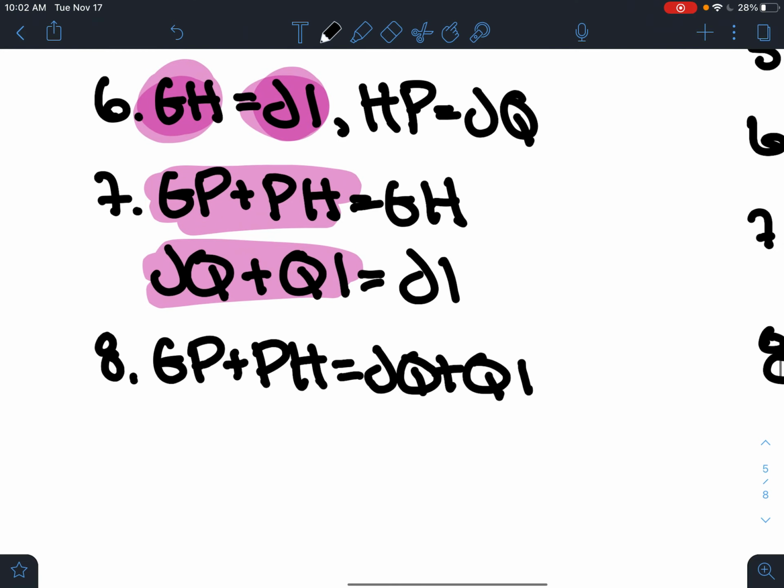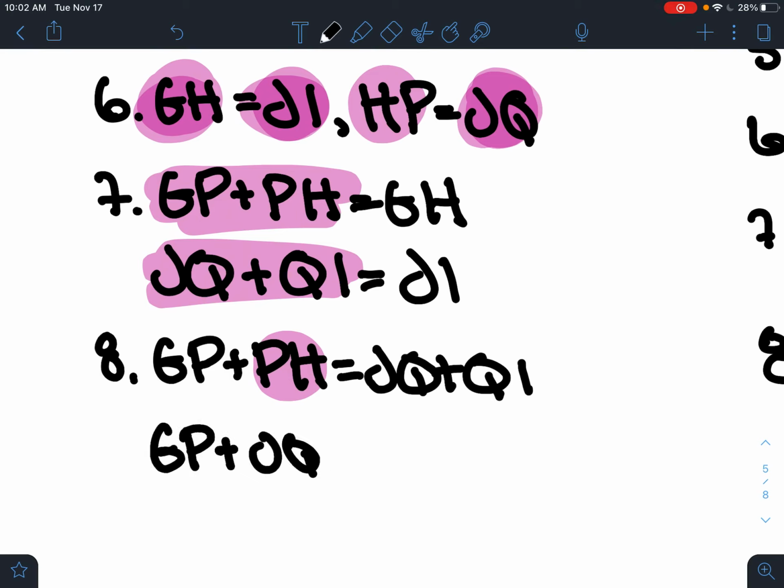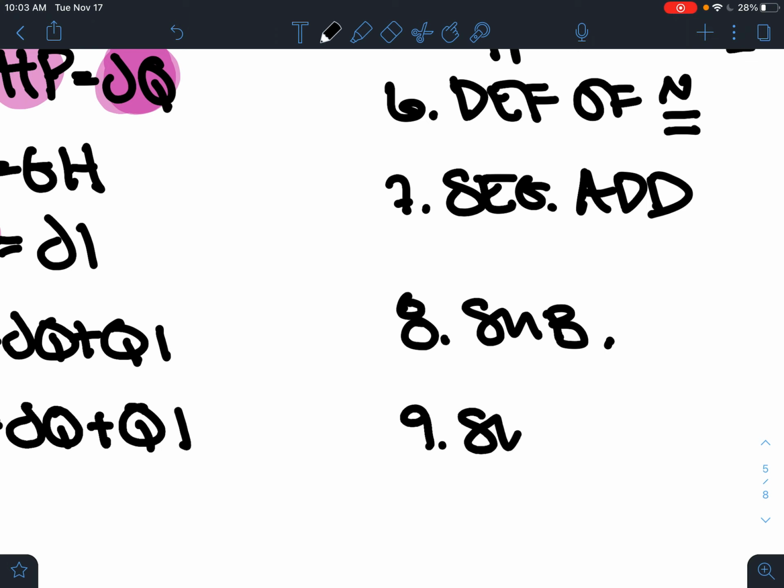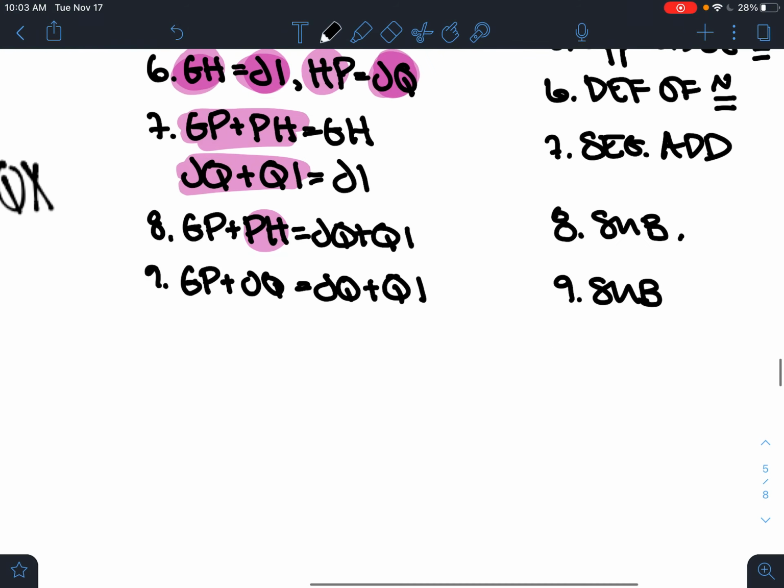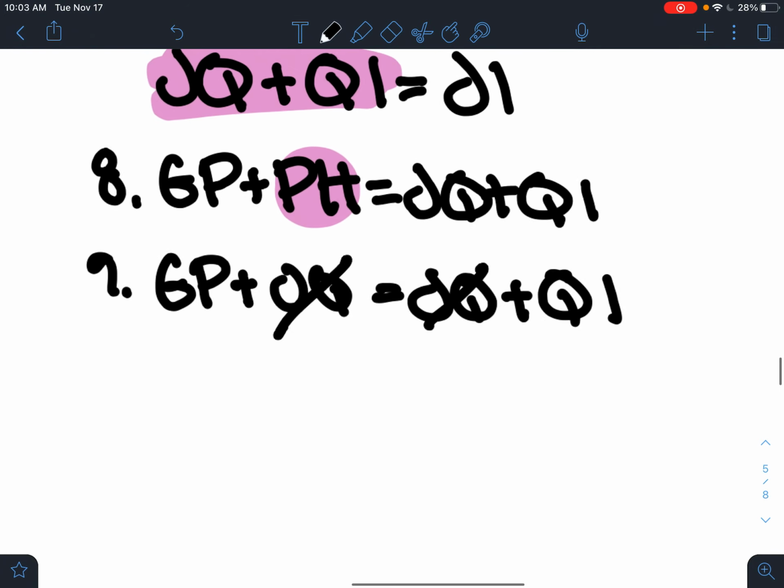And I'm going to now state that I know that HP is equal to JQ. So I'm going to take this JQ and plug it in for my HP right there. So I'm going to have GP plus JQ equals JQ plus QI. And so that's also through substitution, which means that I can now subtract the JQs.